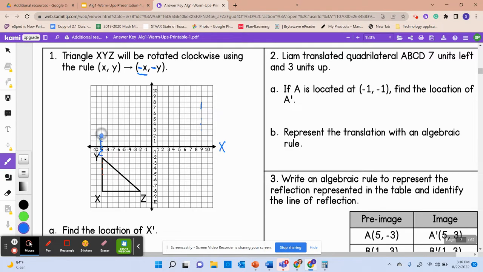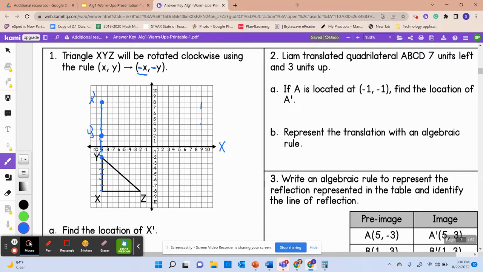So I'm going to put my first coordinate point, and this was corner Y. So I'm going to call this Y prime. And then this is 1, 2, 3, 4, 5, 6 spaces. So 1, 2, 3, 4, 5, 6 spaces. And I'm going to put my dot here. This one is going to be X. So now we can draw that back side of that, or X prime, excuse me.